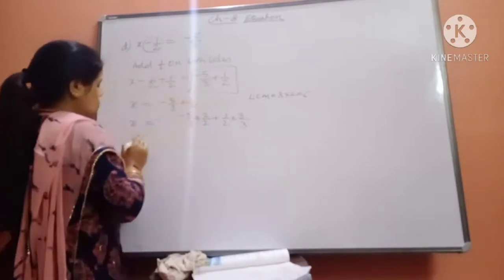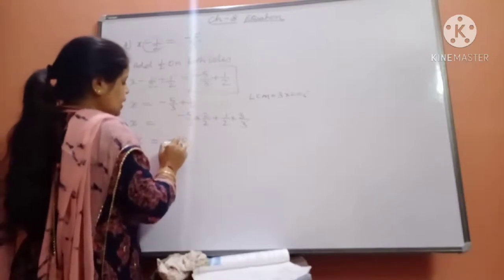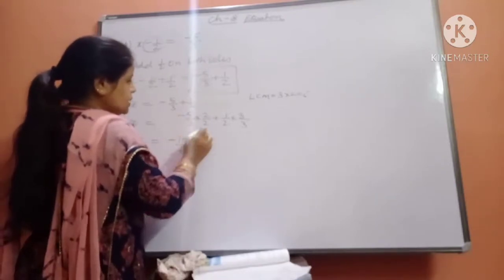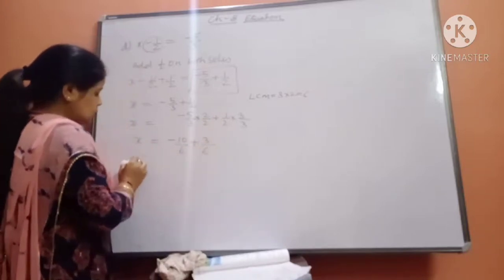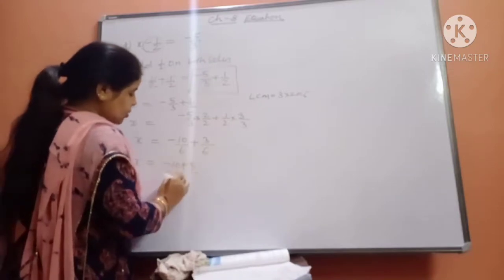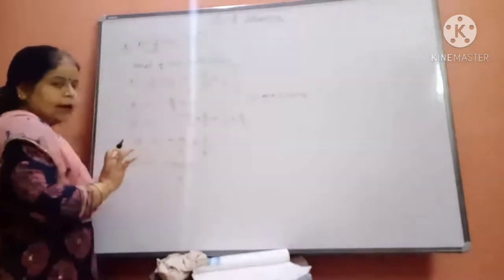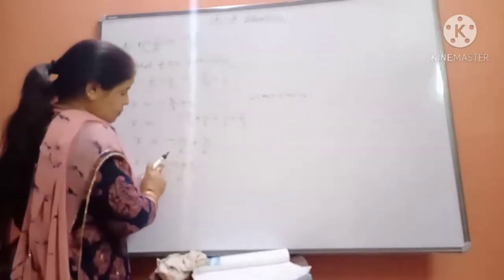Okay, so x is equal to 5 times 2 is 10, minus 10/6 plus 3 times 1 is 3, 3 times 2 is 6. Now see, x is equal to minus 10 plus 3 over 6, because both the numbers have 6 now, so you can write them together. Now you will apply the rule of integers. What? One minus and one plus.